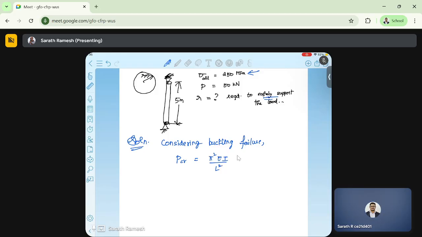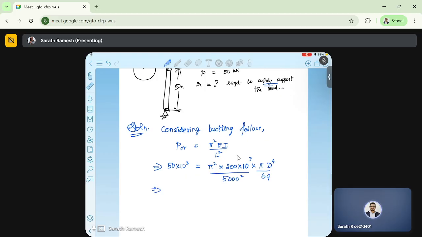For simply supported. So this implies 50 kilonewtons equals pi square times 200 gigapascal times I, let it be. I is actually for a circle, pi D power 4 by 64, divided by L, which is 5 meters.